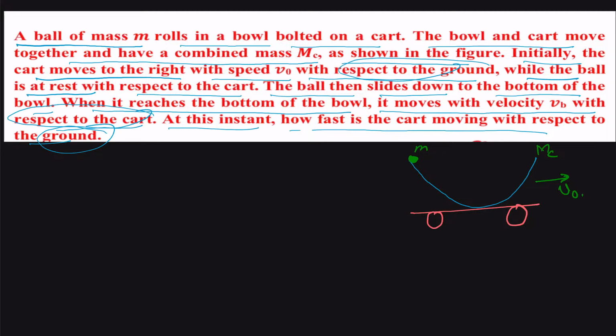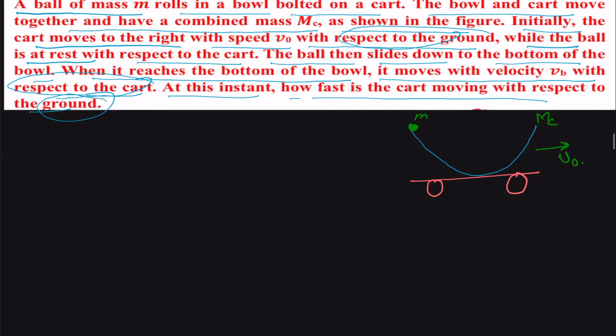And so let us clearly define what are the things that are given to us. So the first thing that is given to us is that our cart plus bowl, combined, have a mass that is given as capital MC.